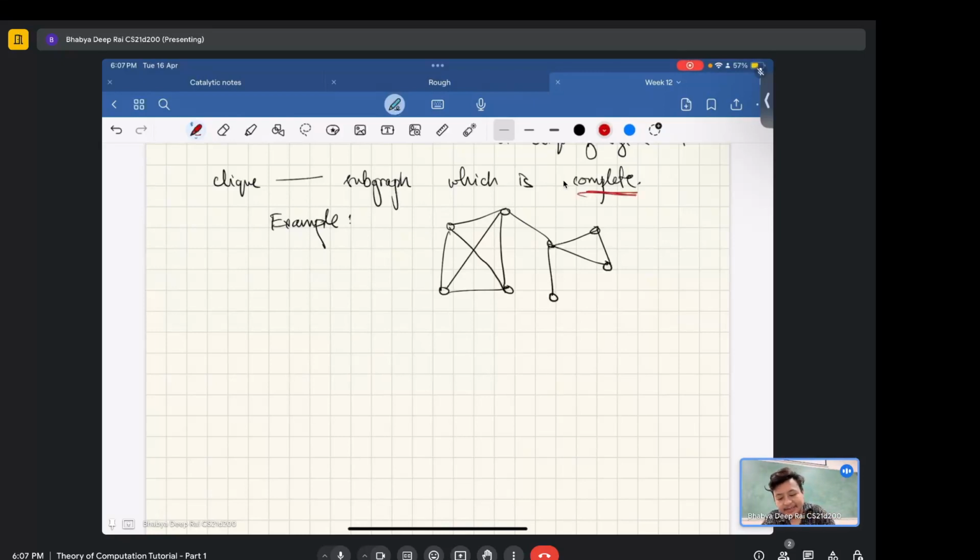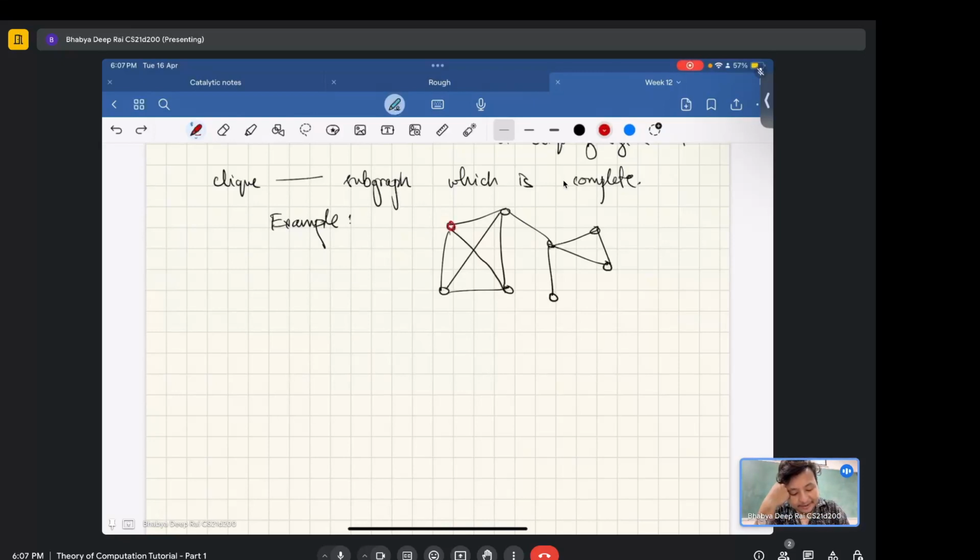A complete graph is a graph where all the vertices are adjacent to each other, all of them are connected. Now additionally, if we take a smaller set of vertices and all those vertices are adjacent to each other, then the subgraph itself is said to be complete, and such a subgraph is called a click.